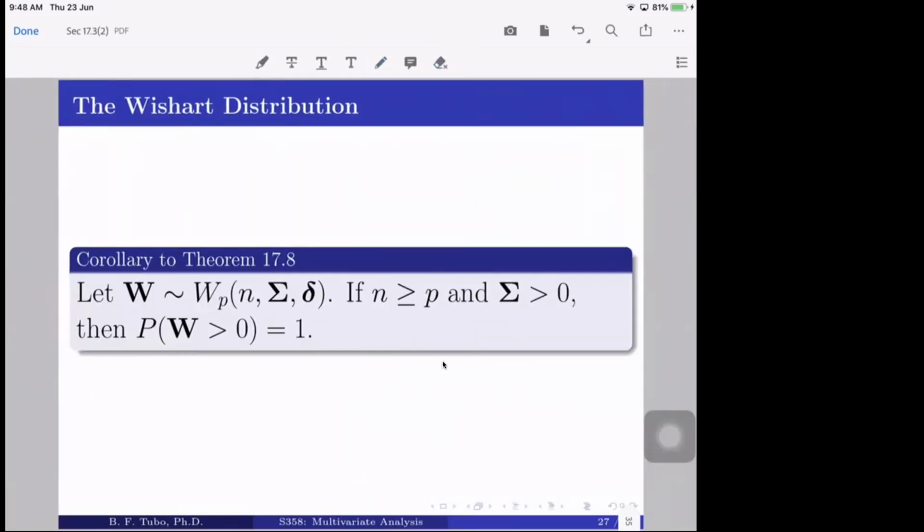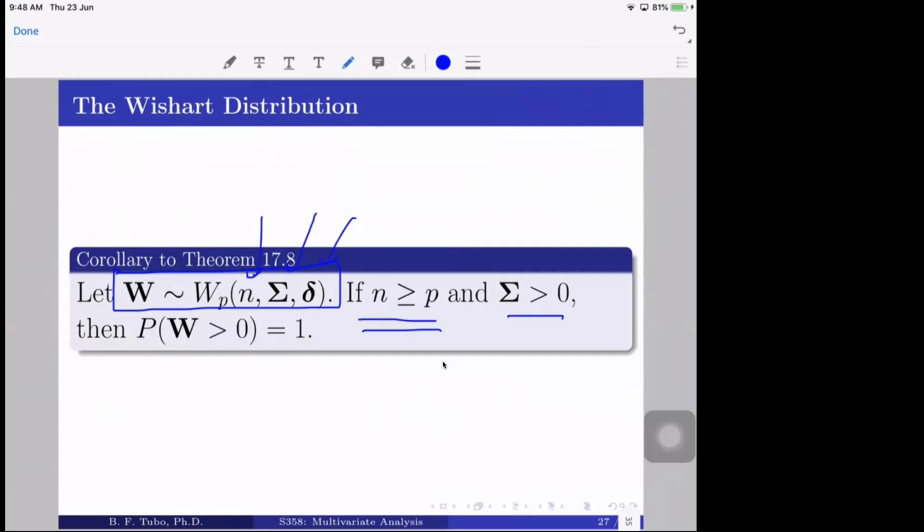So as a corollary to that, if we have a Wishart, which is a random matrix which is Wishart distributed with parameters n, sigma, and delta, and if this assumption is satisfied, then the probability that this matrix here is positive definite is 1.